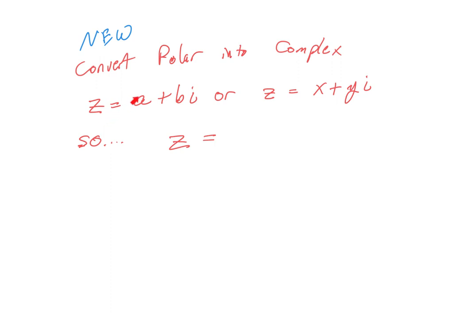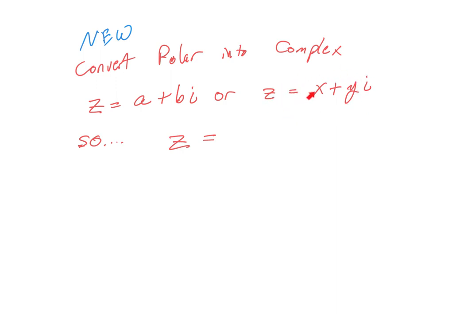So we have z is a plus bi, and z can also be written as x plus yi when we're converting. So a plus bi is the form we've been using for any complex number, some number plus bi, and we usually call that z. This is what it is in the Cartesian coordinate system. We can also refer to it like this in the Cartesian coordinate system.